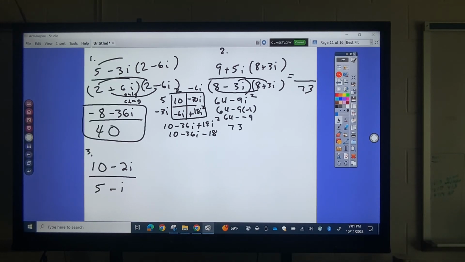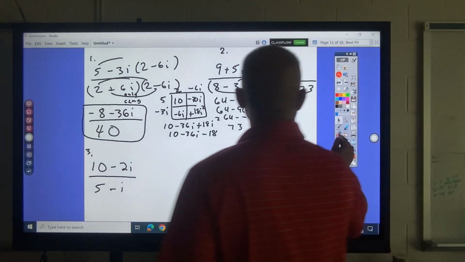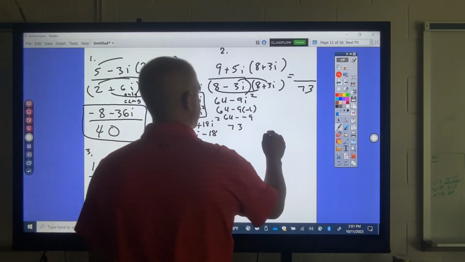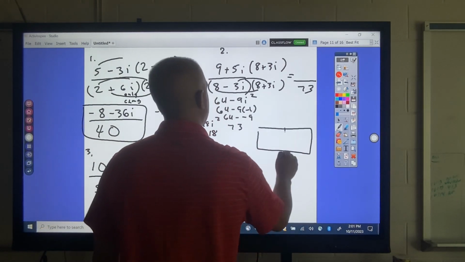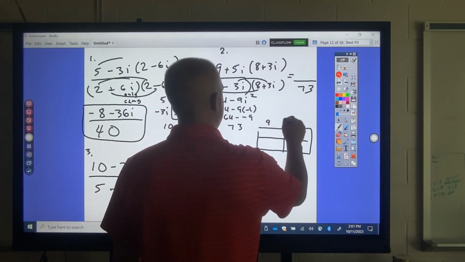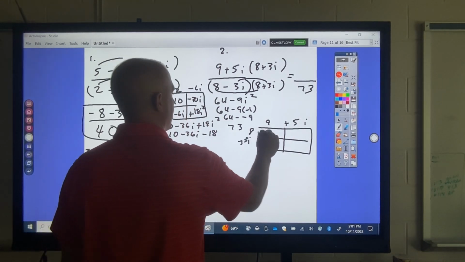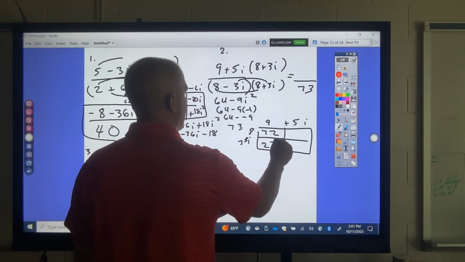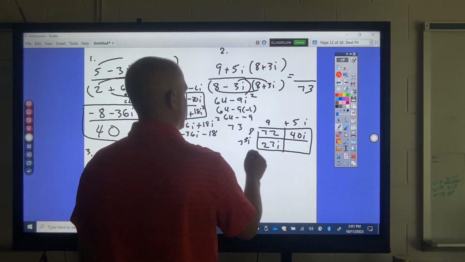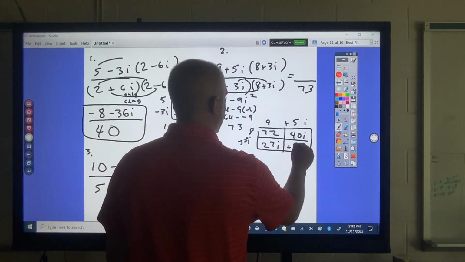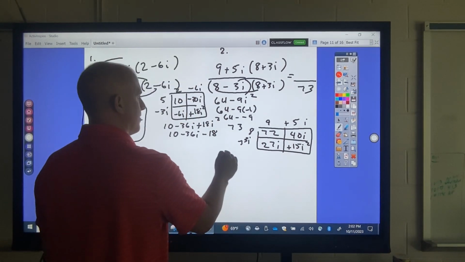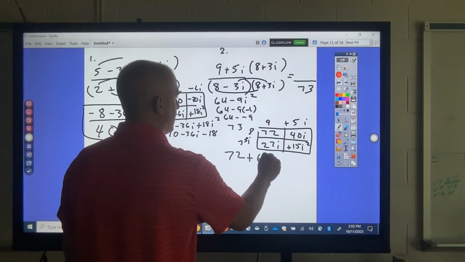There we go. Okay. So then I want to multiply this up here. 9 plus 5i, 8 plus 3i. So that's 72. That's 27i. That's 40i. 5 times that would be 15i squared. So that's going to be 72 plus 67i.